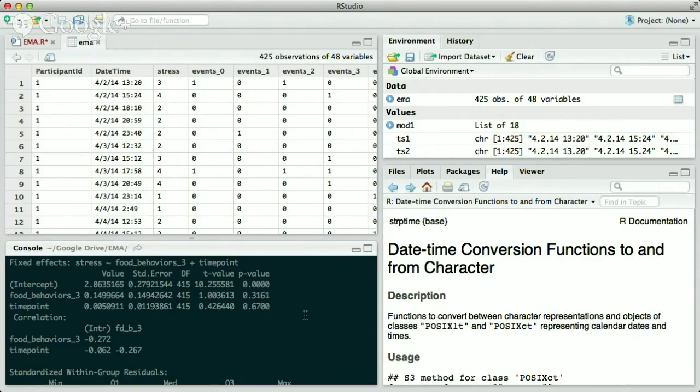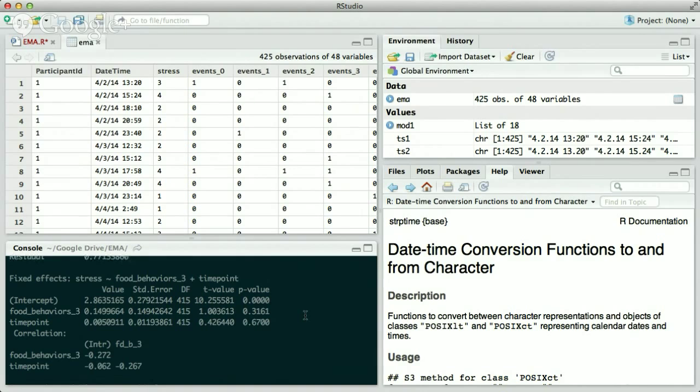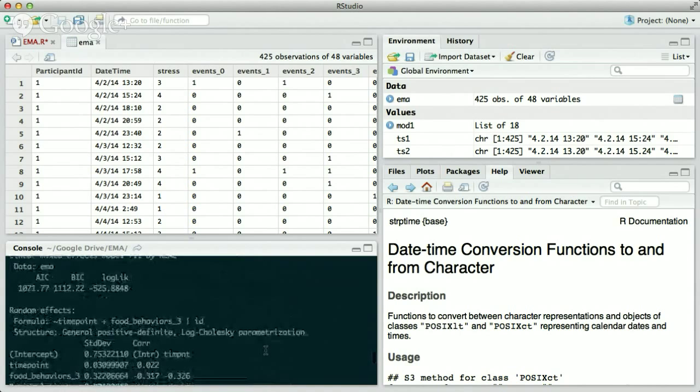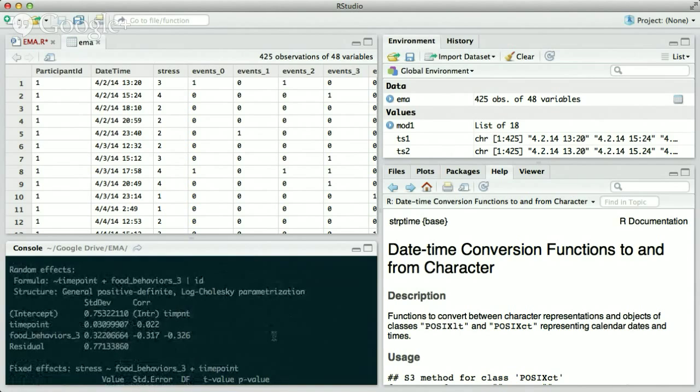So you can interpret both your random and your fixed. This model that I just ran, this bottom part is looking at the relationship between them for our fixed effects. But we could look at our random, which is up here. For our random effects, a positive value is going to indicate an increase in your dependent variable, given the independent variables that we've included in the model.